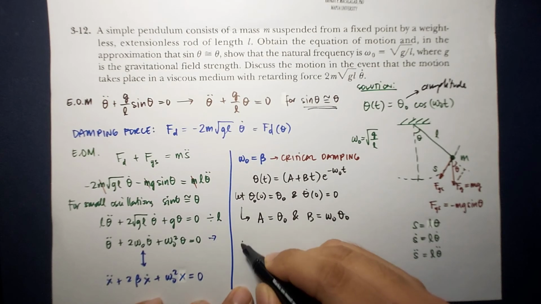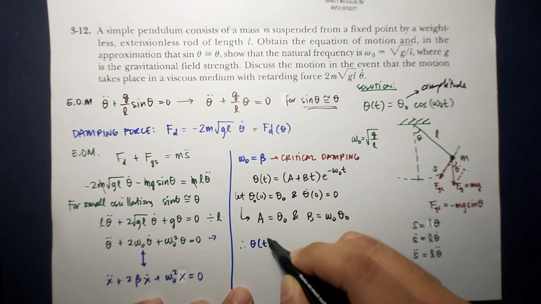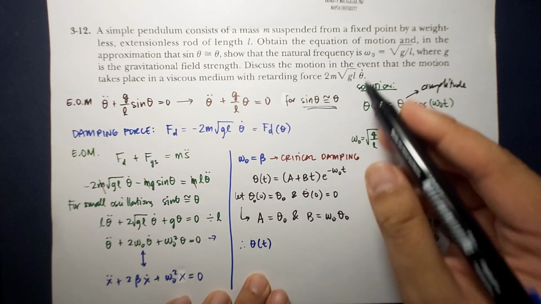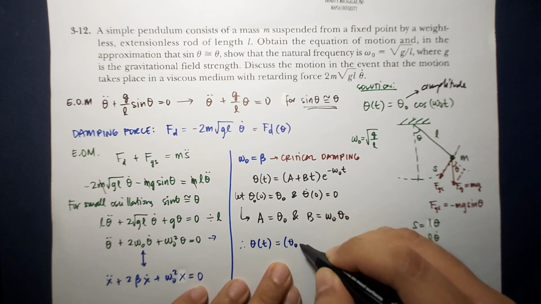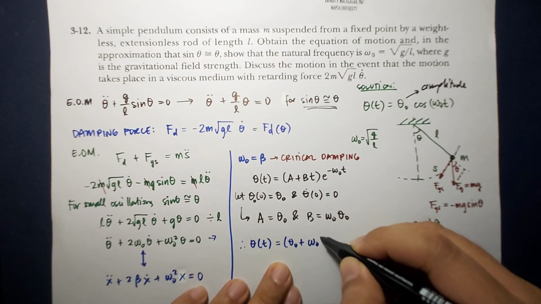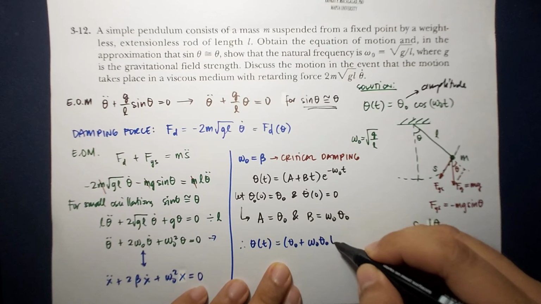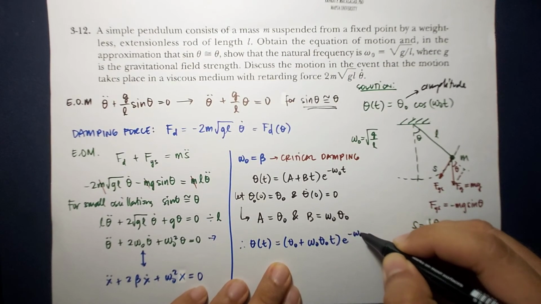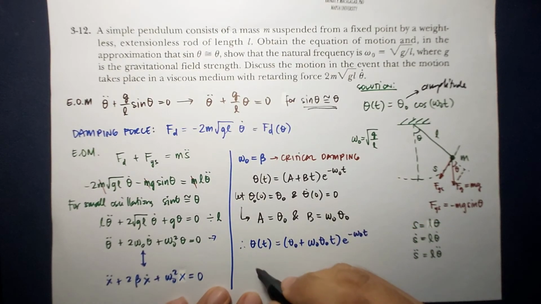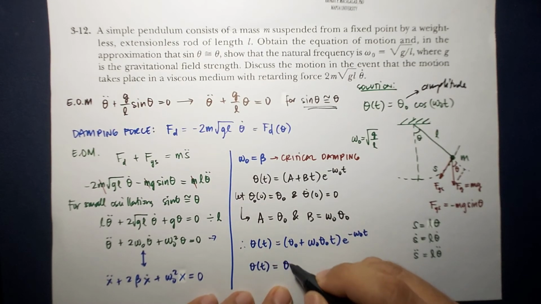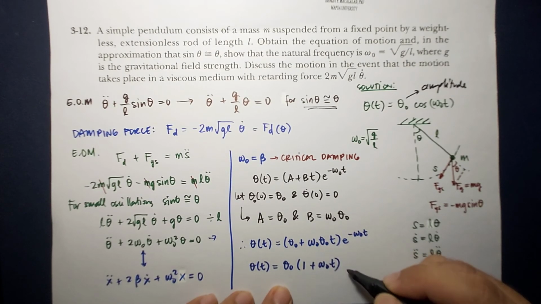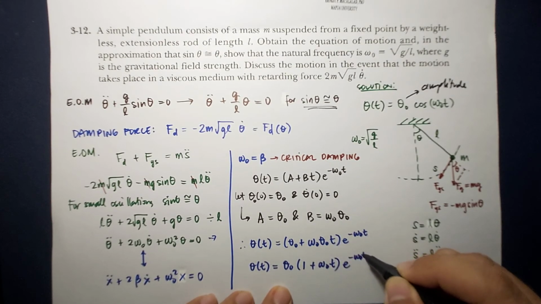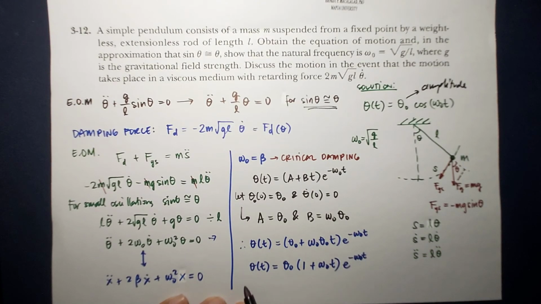So therefore, the solution to this simple pendulum would be theta naught plus omega naught theta naught t, times e to the negative omega naught t, or simply theta as a function of time equals theta naught times (1 plus omega naught t) e to the negative omega naught t.